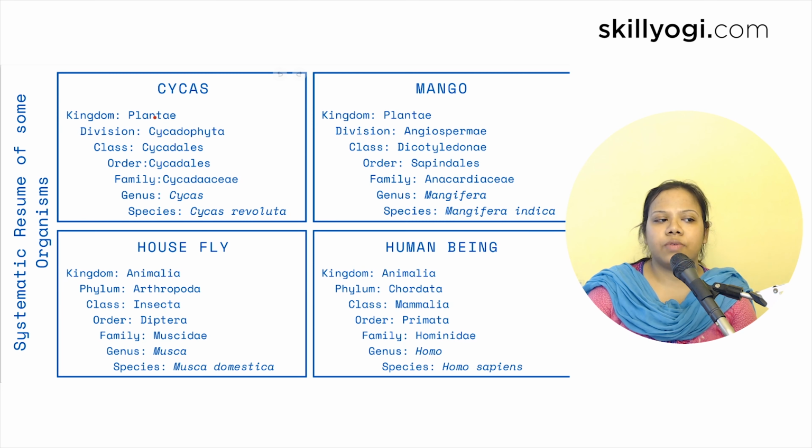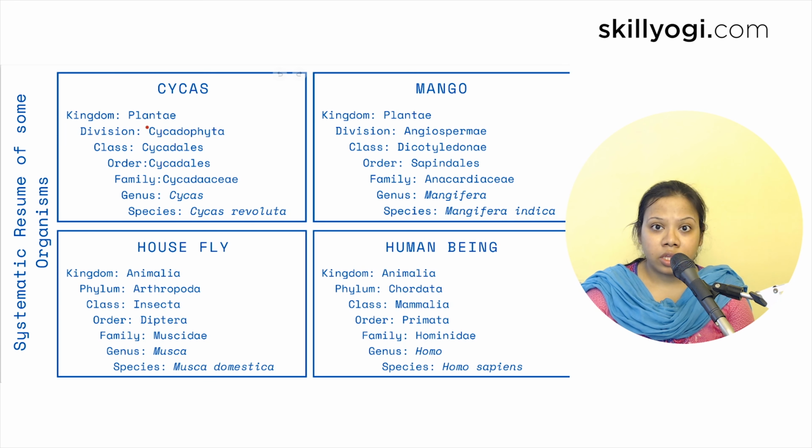Okay, this is the way we write the systematic position or the systematic hierarchy, or the systematic résumé, of an organism. It is Cycas. Cycas: Kingdom Plantae. Division Cycadophyta.